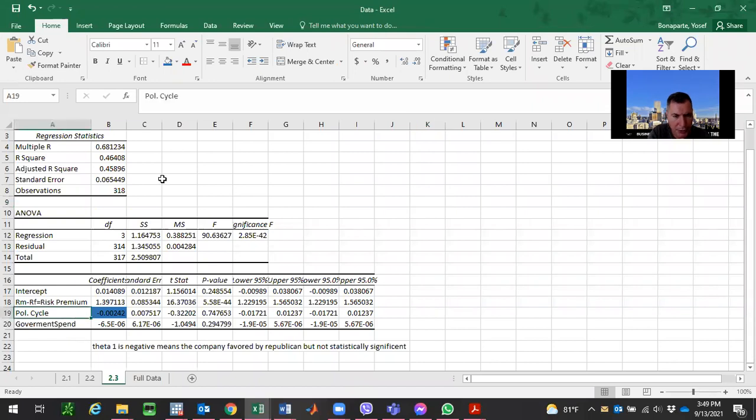So that will be theta 1. That will be theta 2.